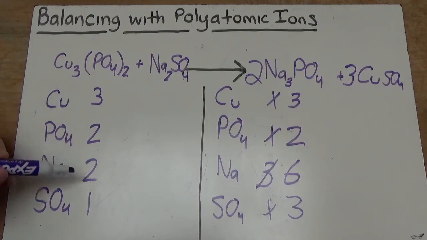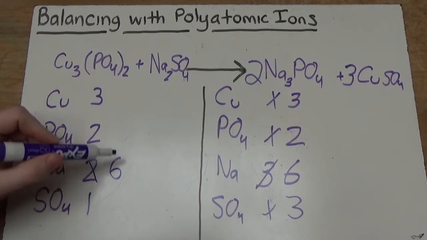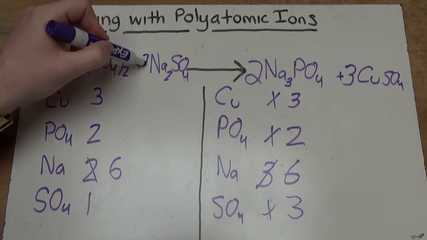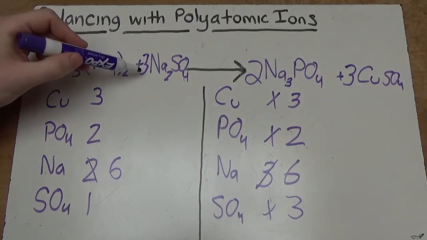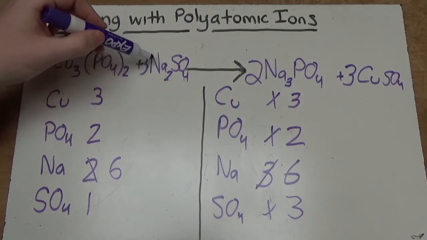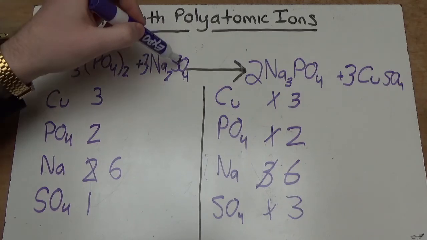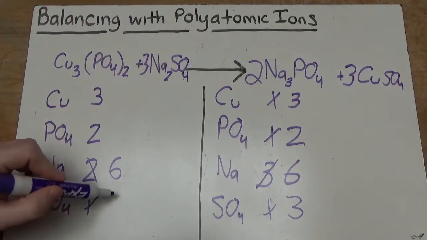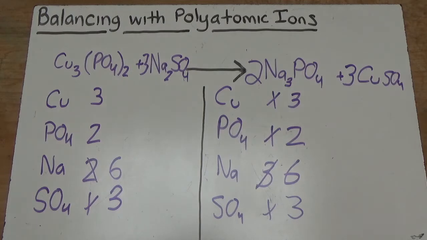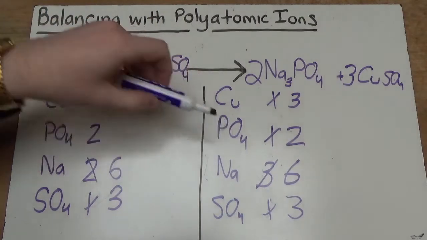I can multiply 2 by 3 to get to 6, and then up here I have to make that true. I have 3 times 2 is 6. Now I have to update my sulfates to 3. And this equation is now balanced. There are 3 coppers on the left, 3 on the right, 2 phosphates on the left, 2 on the right, and so on.